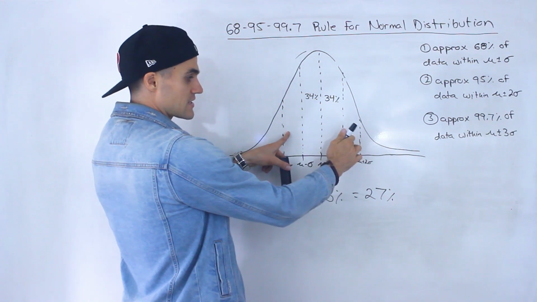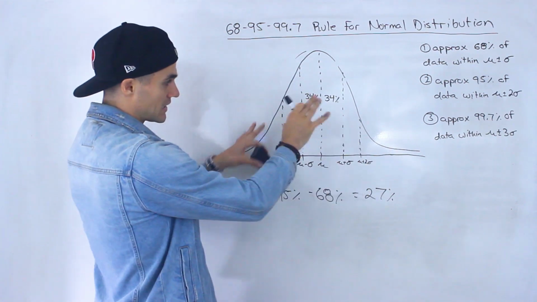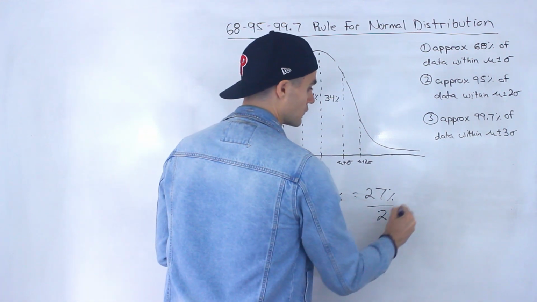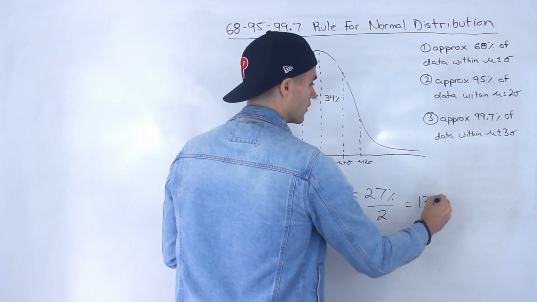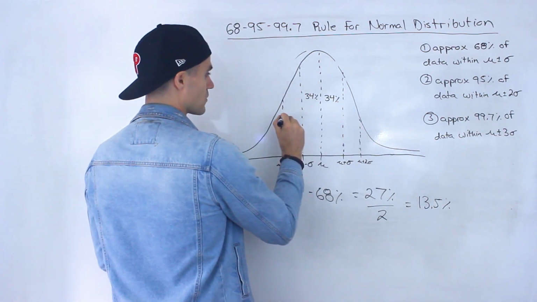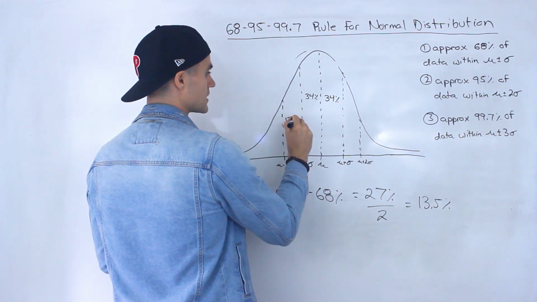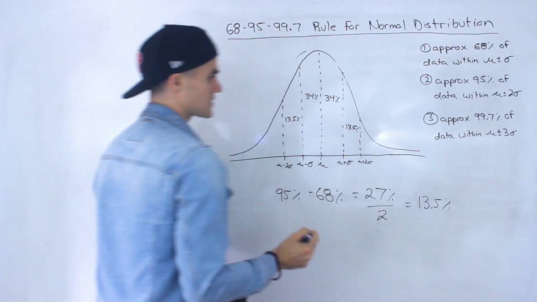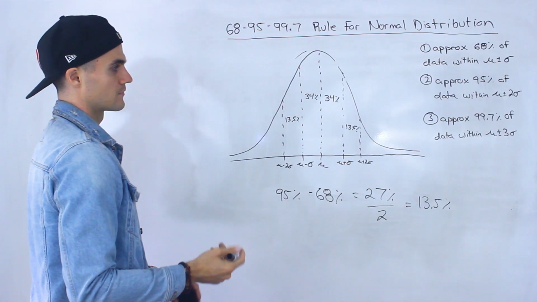So both of these areas have to add up to 27. Because it's symmetrical, that 27% is split evenly, so we divide it by 2. So 13.5. This area here is going to be 13.5%, and this is going to be 13.5% as well.